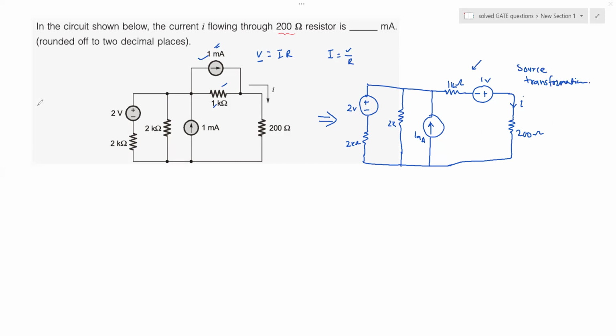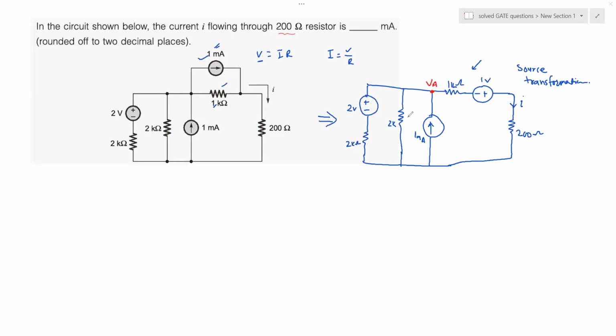Okay, so how do we go further? We will simply do the nodal analysis for this network, in which we call this node VA, or XYZ, whatever.